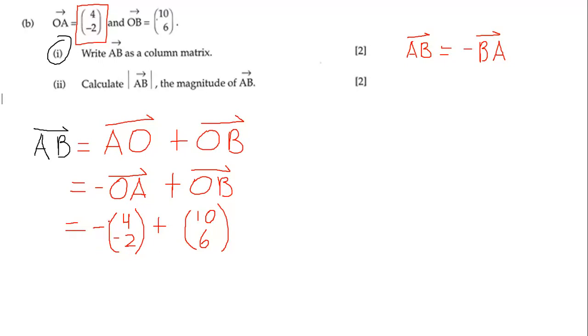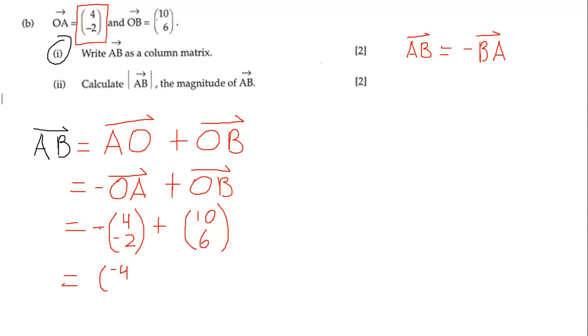Now let's simplify some more. What is negative 1? Now you can look at this as having an invisible 1 out front. What is negative 1 times 4? Well, negative 1 times 4 is equal to negative 4.